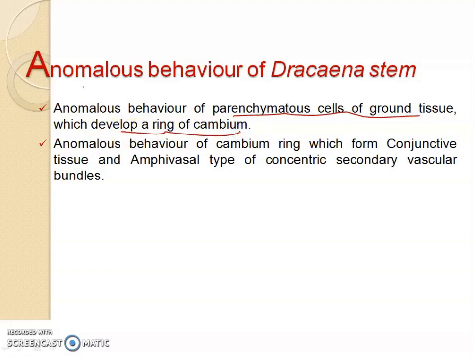This cambium ring forms the conjunctive tissue and amphivasal type of concentric secondary vascular bundles. So this is the anomalous behavior of Dracaena stem.